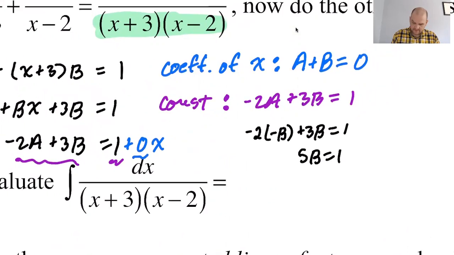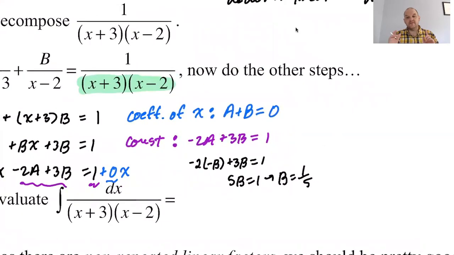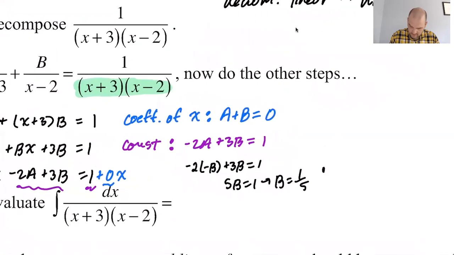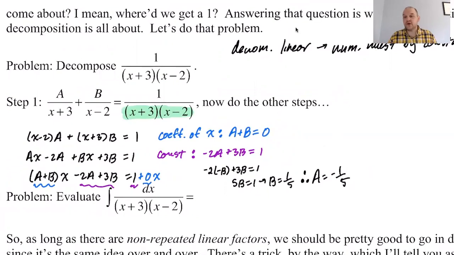So now I know that B is 1/5. And if B is 1/5, then A is the negative of that, so A must be negative 1/5. All right, so was that great? That was not super great. That's the process though. That process will always work.